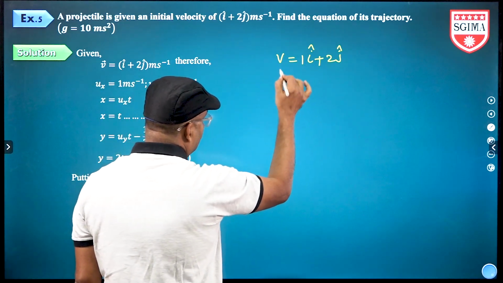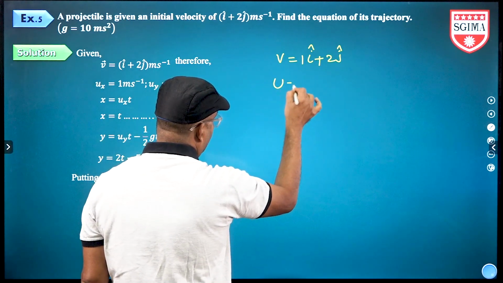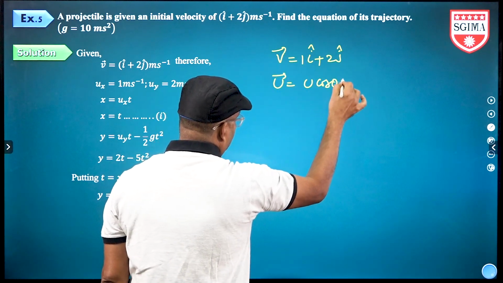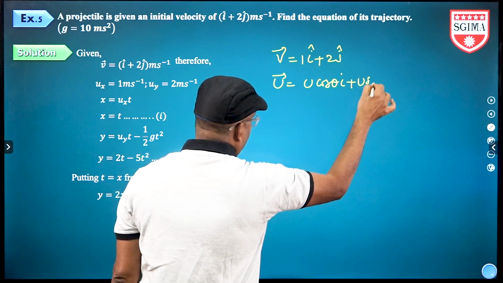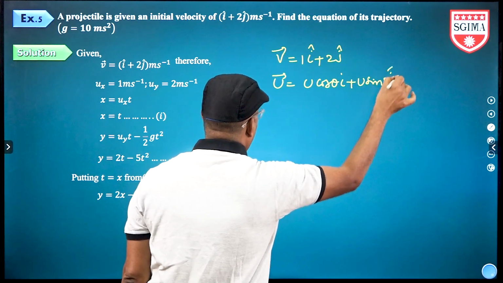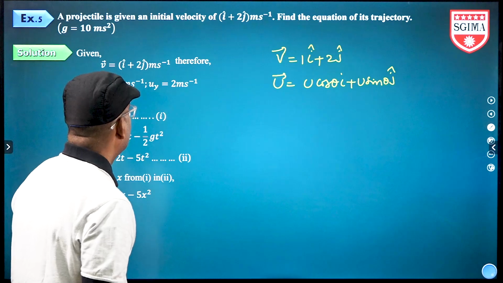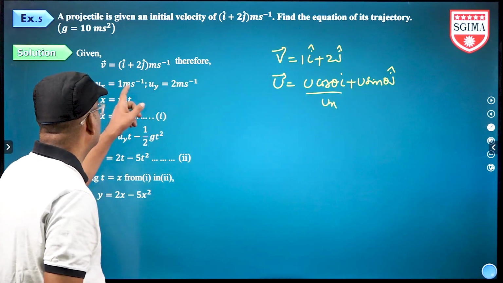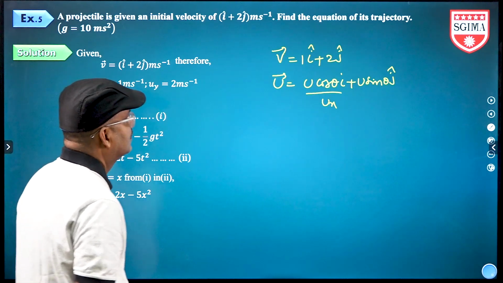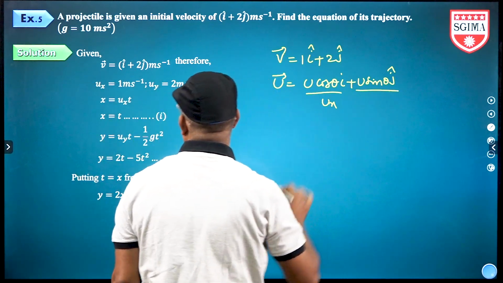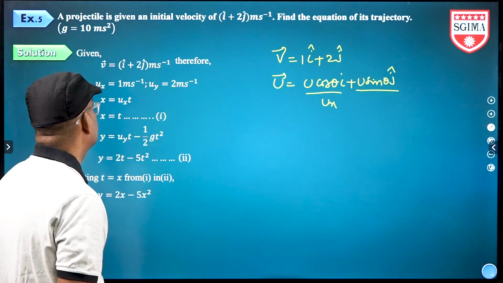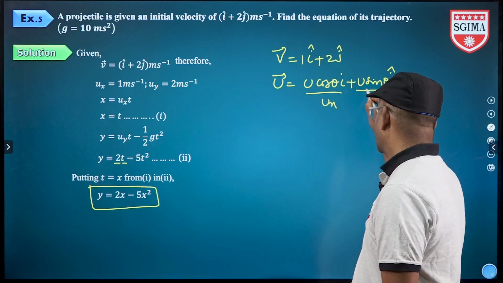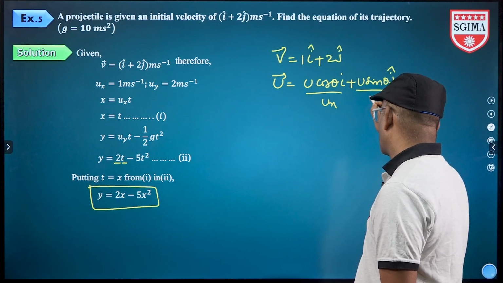Comparing with our standard equation, u bar is equal to u cos theta i plus u sin theta j. u cos theta is ux. I got ux is 1 meter per second. u sin theta is uy. I got 2 meters per second. So, this is u cos theta, that is ux. This is uy.